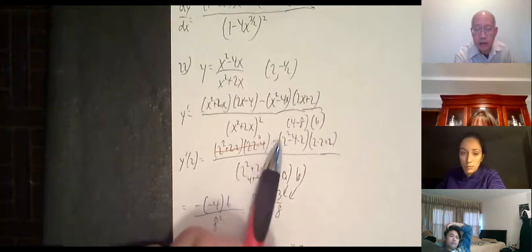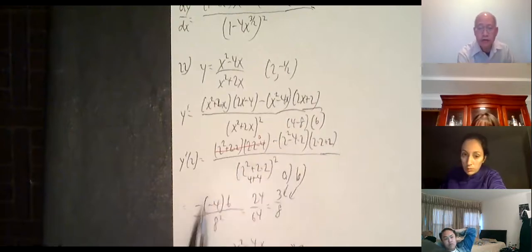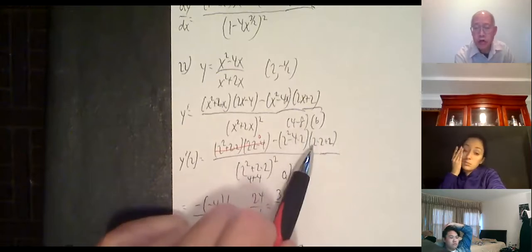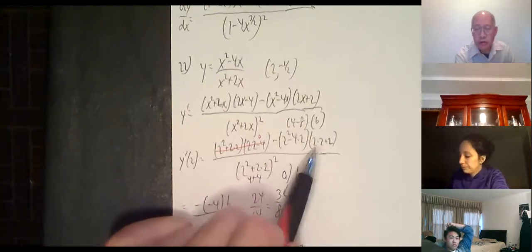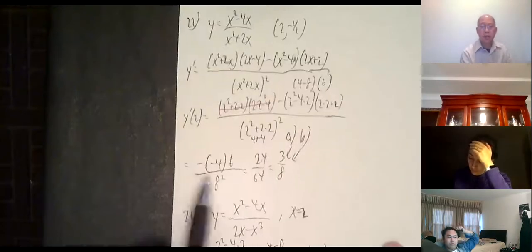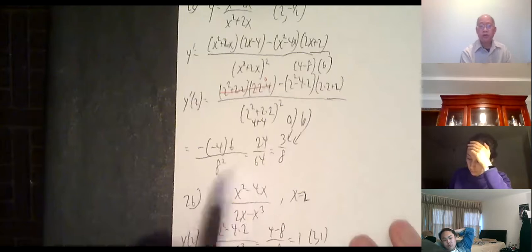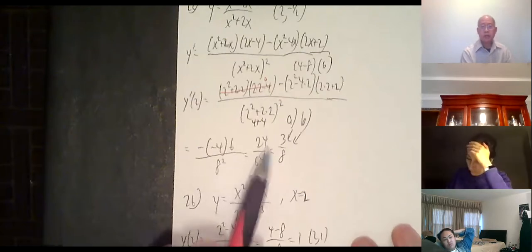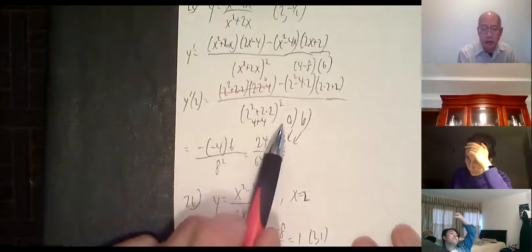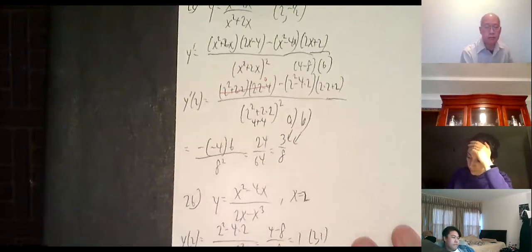A negative 4 minus 8. 4 minus 8 is negative 4. 2 times 2 plus 2, 4 plus 2 is 6. Two negatives make a positive. So 4 times 6, which is 24. 24 over 64 comes out to be 3/8. And yes, that means the answer to both A and B are 3/8, as we said before. Same answer for both of them.